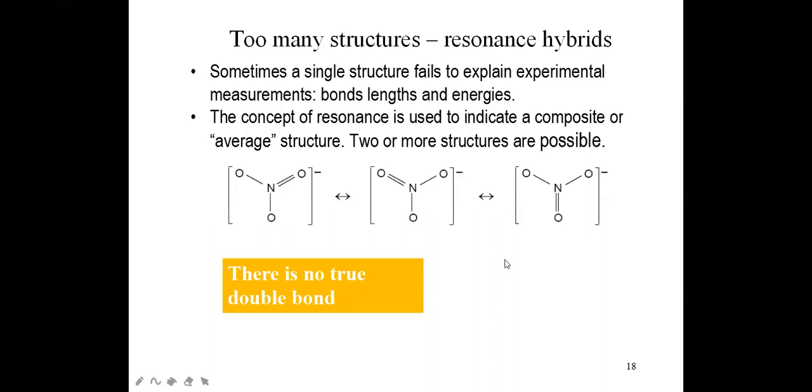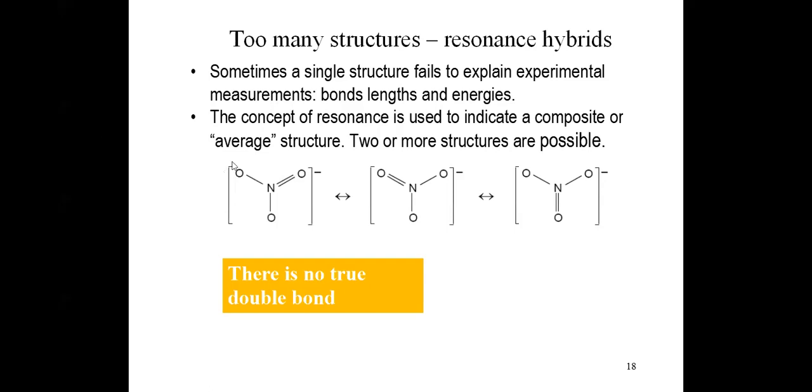How can you tell that you're supposed to put a double bond or a lone pair? Let's take, for instance, this nitrogen. How many valence electrons does nitrogen have? 5.